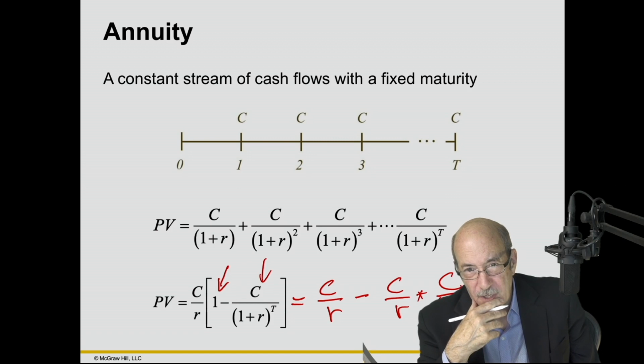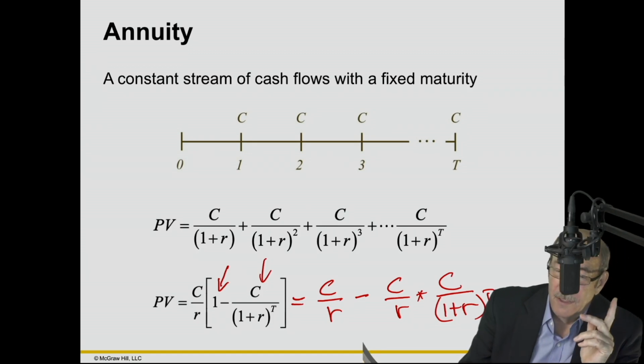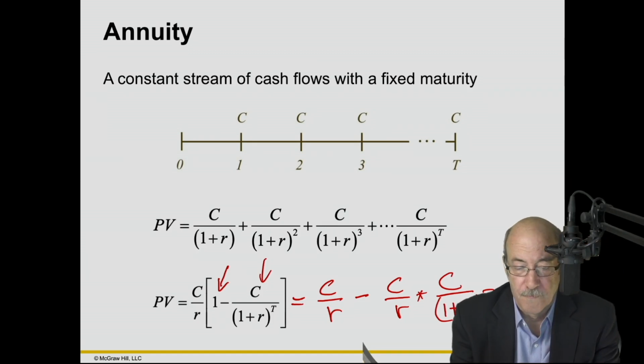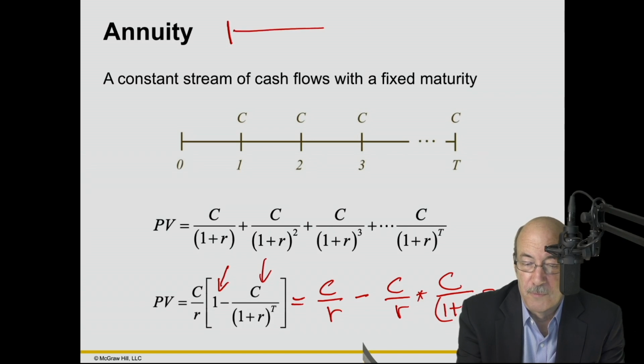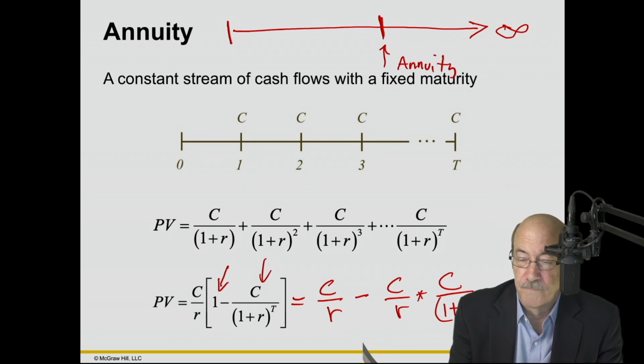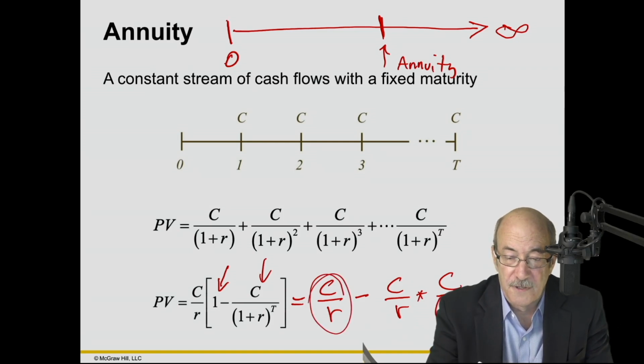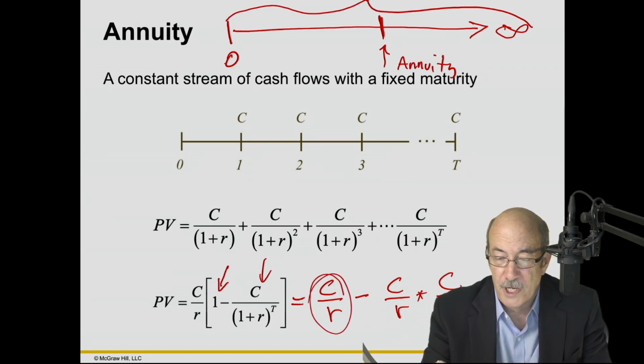So basically what is happening here is that I'm saying the value of that annuity, let me write a timeline out here. And let's say this is the end point of the annuity. All right? And this is time 0. Now, this C over R gives us the value all the way out to infinity.